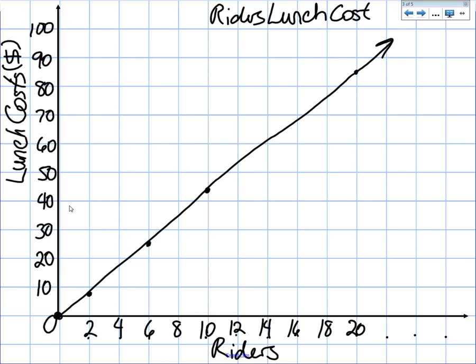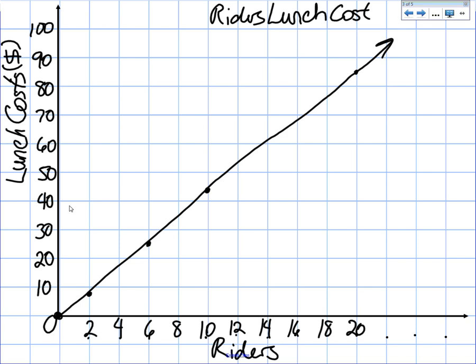That would be gruesome if that was possible. And we're not going to deal with that. But for the sake of keeping it visually nice looking, we're going to connect the dots from now on. As long as you understand that you can't have 4.5 riders. Just know that as you connect the dots.